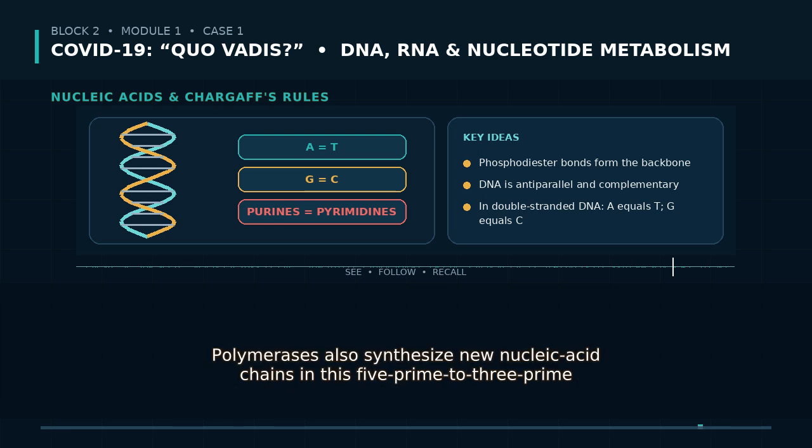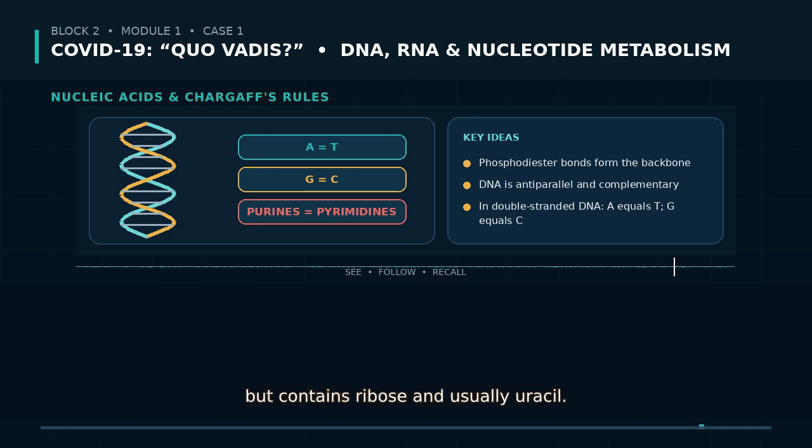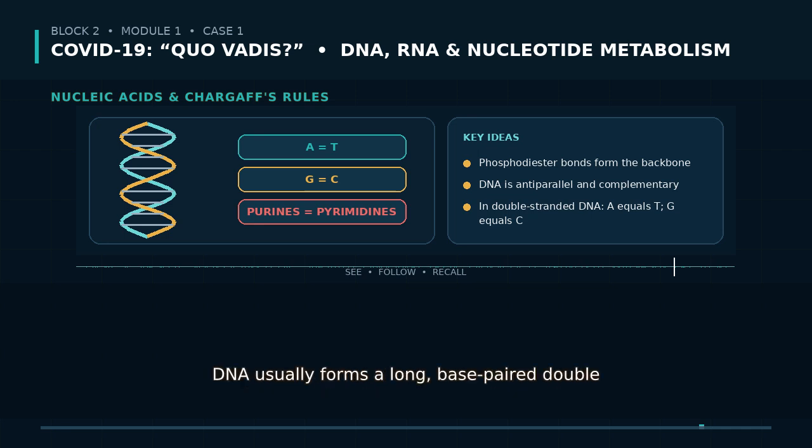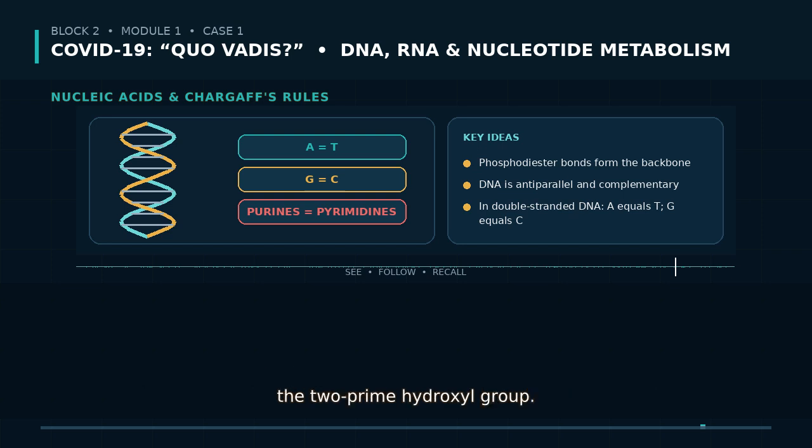Chargaff's findings about DNA. In 1950, Erwin Chargaff reported that double-stranded DNA contains nearly equal molar amounts of adenine and thymine and nearly equal amounts of guanine and cytosine. The ratio of adenine to thymine is therefore close to 1, and the ratio of guanine to cytosine is close to 1.